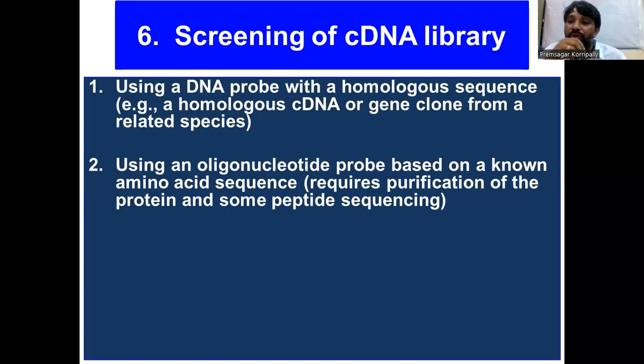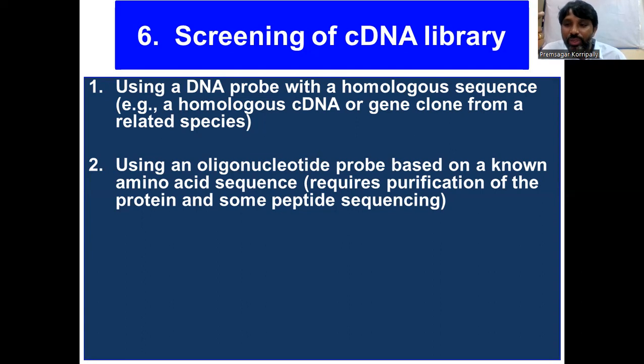And the second one is, you know the protein. If you know the amino acid sequence of a protein, for example, some fungi produce a lot of cell lysis enzymes, and the amino acid sequence is determined. Once you know the protein's amino acid sequence, you can go back to the DNA.